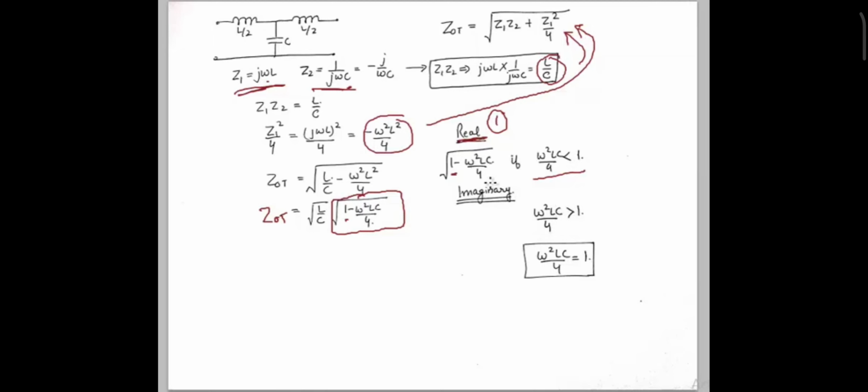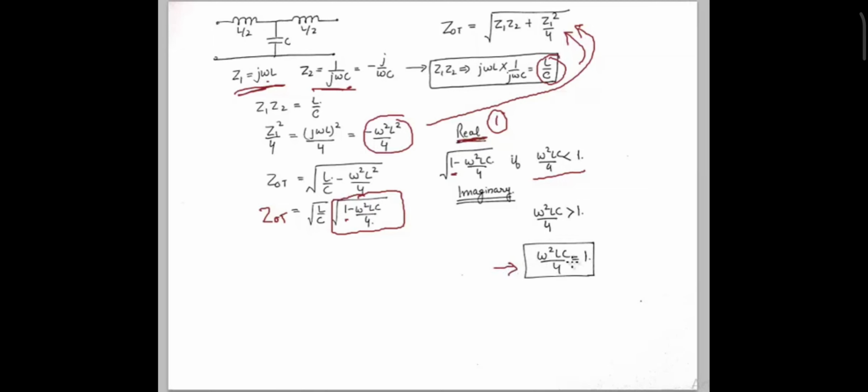Now, offering a real impedance means that the circuit would actually oppose the signal, and offering an imaginary impedance is the opposite of that. And what will be the cutoff frequency?